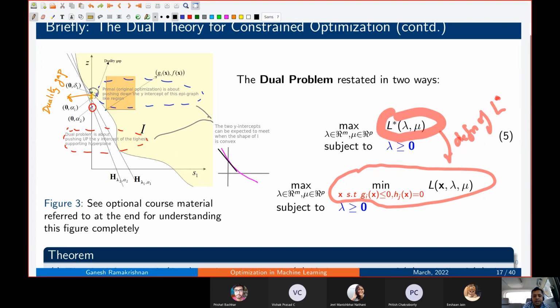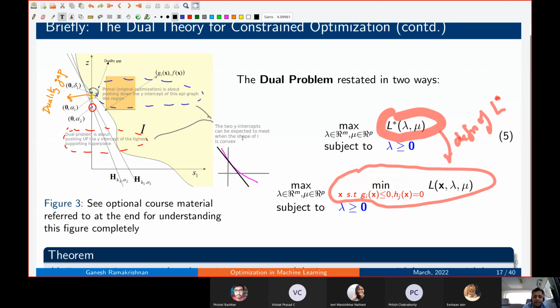Won't you expect it to meet exactly at the y-intercept? I'm not able to show it properly. There is one supporting hyperplane which meets at the y-intercept, correct? In this figure, yes. And that's true in most convex cases, unless it's open, when the shape of I is convex and closed.